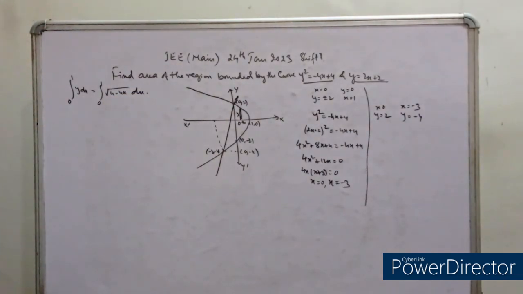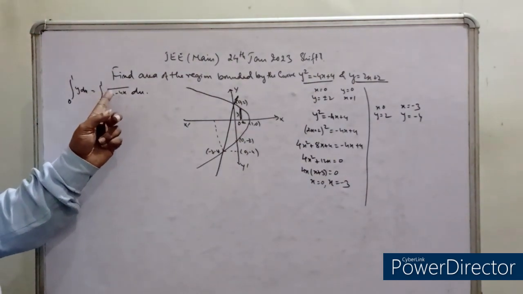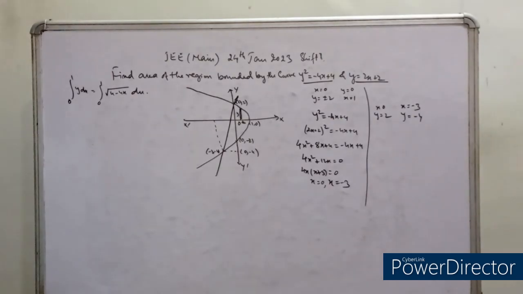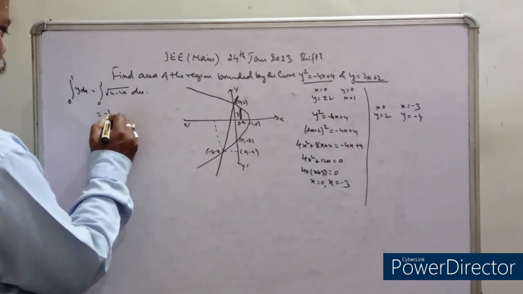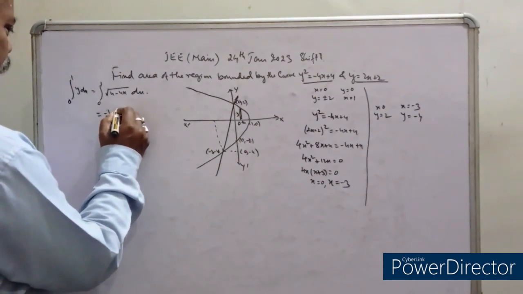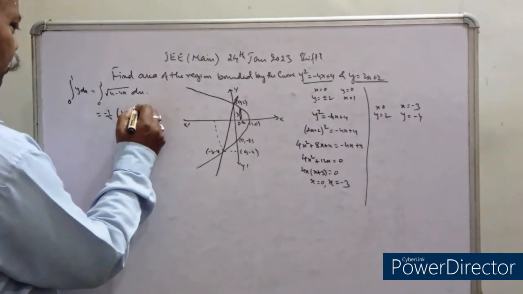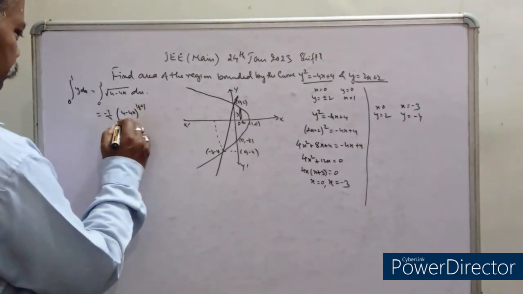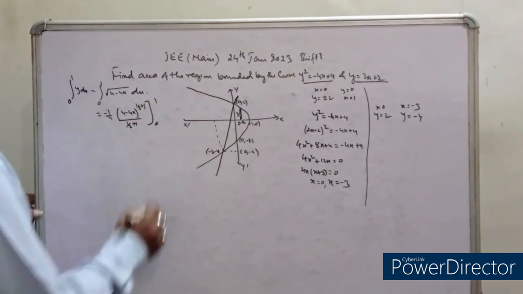So you know that I have told you earlier that in integration the constant which is multiplied by the variable gets divided. So this will be minus 1 by 4 into 4 minus 4x to the power of 1 by 2 plus 1, divided by 1 by 2 plus 1, and limit is from 0 to 1.